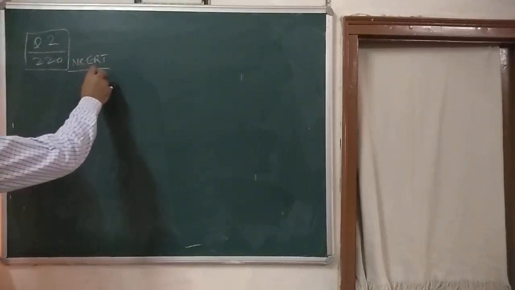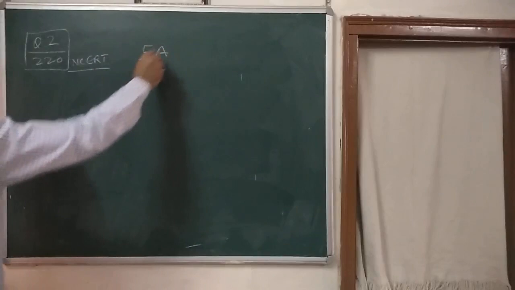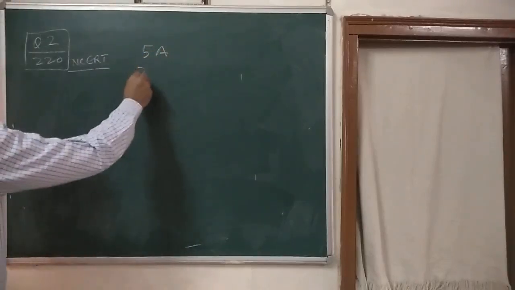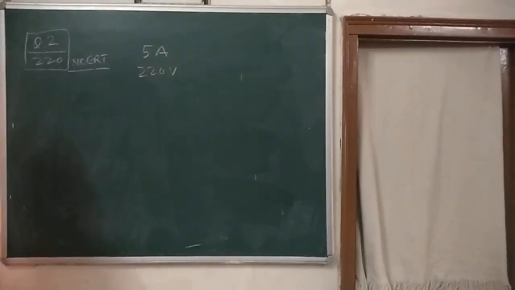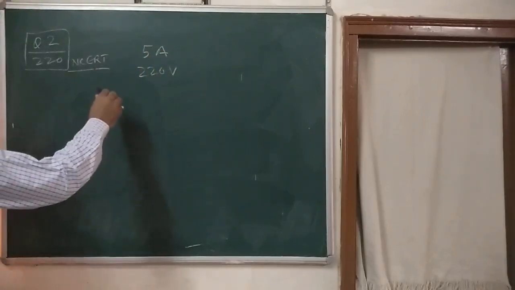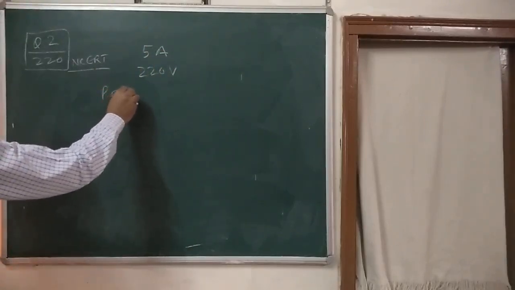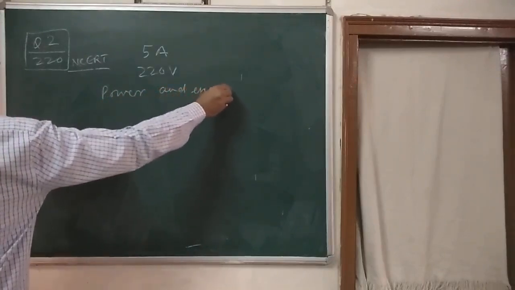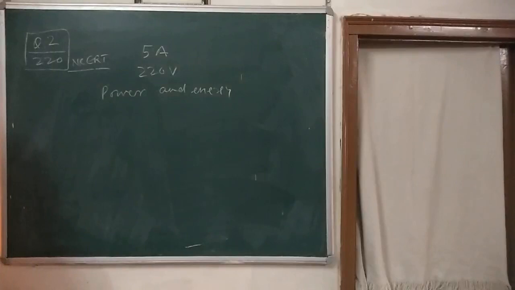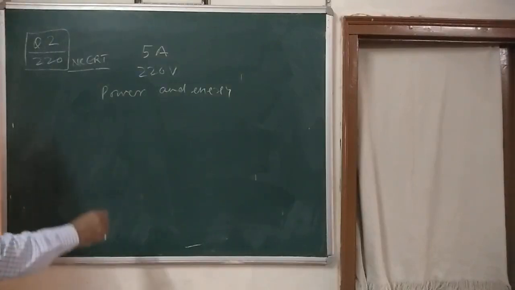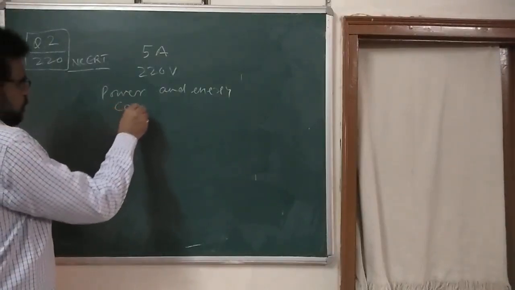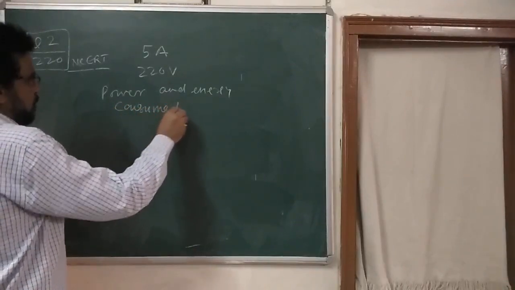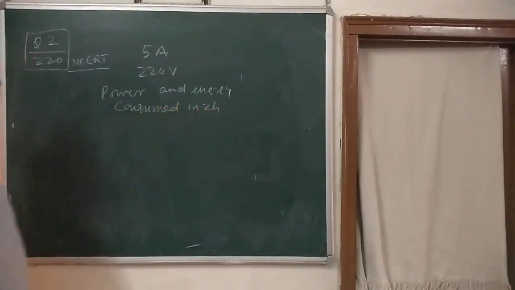An electric motor takes 5 ampere current from a 220 volt line. Determine the power and energy consumed in 2 hours. Current is 5 ampere.